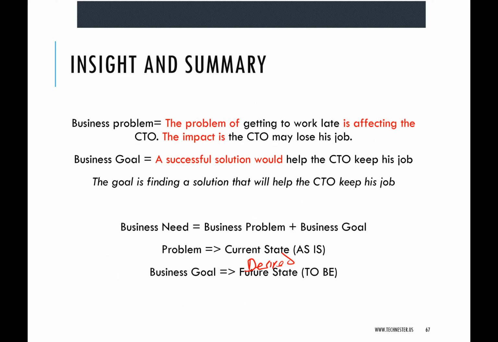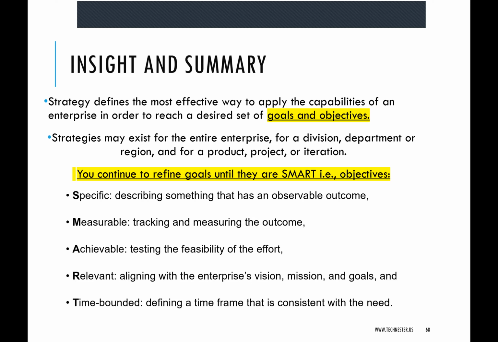That future state that is not clear, because it can't be clear at this point, right? You will now start to refine it. Even in the strategy analysis space, you start to refine it by asking more questions. You make that future state clearer.